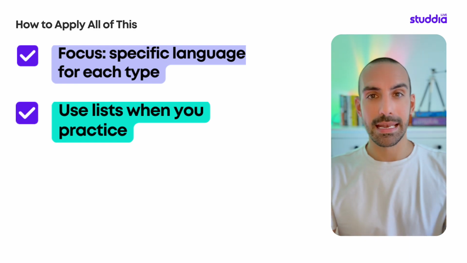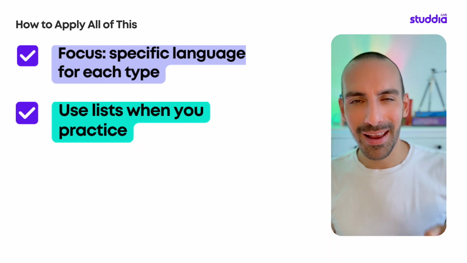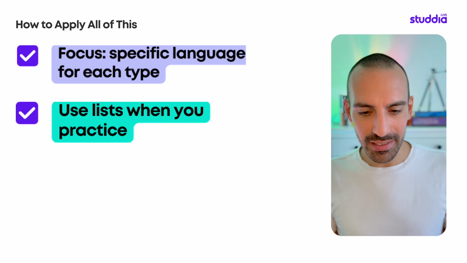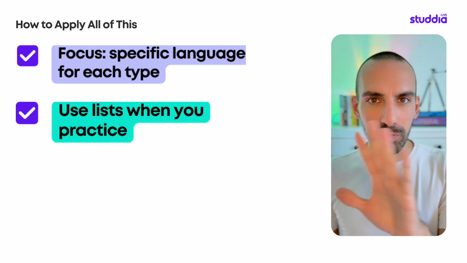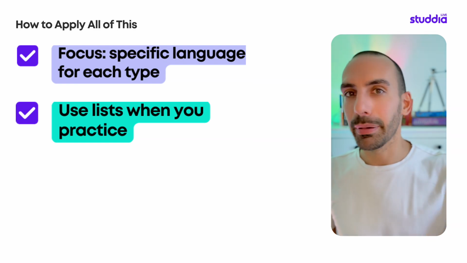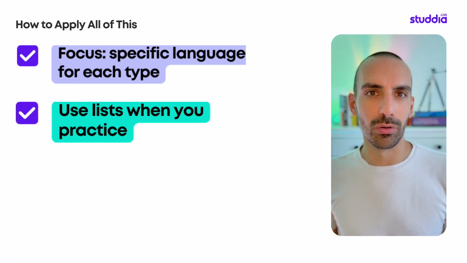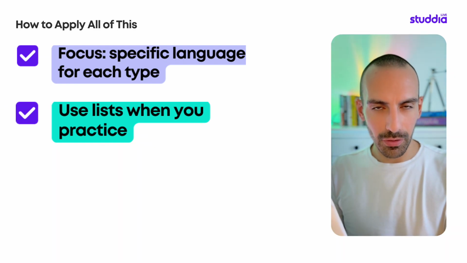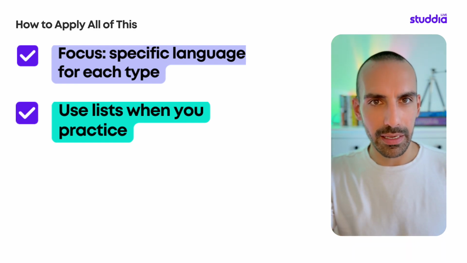So again, download that worksheet. And when you practice answering questions, just keep the list in front of you. You see expressions for giving opinions, comparing things, talking about hypothetical situations, giving reasons, and so on. Keep the list in front of you while you're trying to come up with an answer.